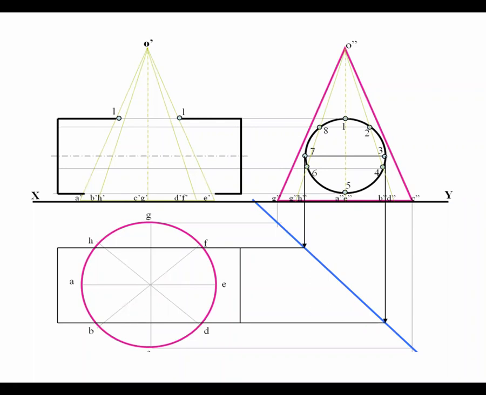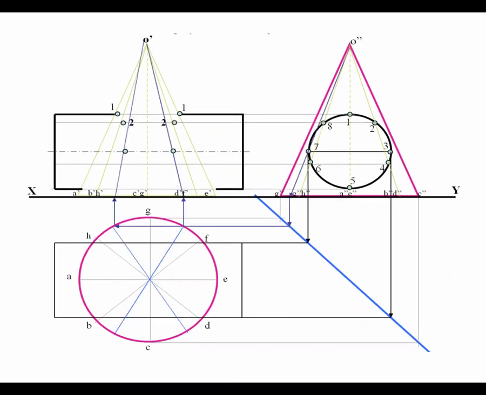Just consider the front view, top view and side view of cone and cylinder we have drawn. Just make sure that where to draw faint lines and where to draw dark lines.